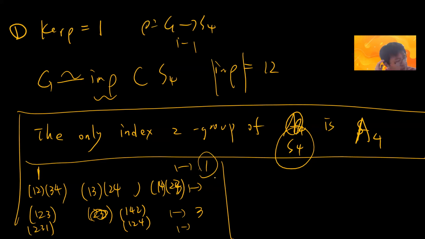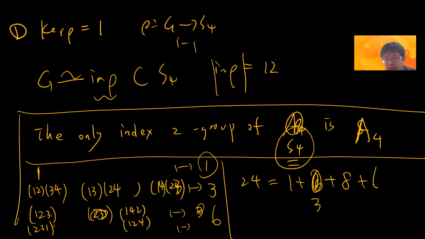Yeah, so let me see how to see this. Right, so S4 has order 24, right? I think it has 5 conjugacy classes.